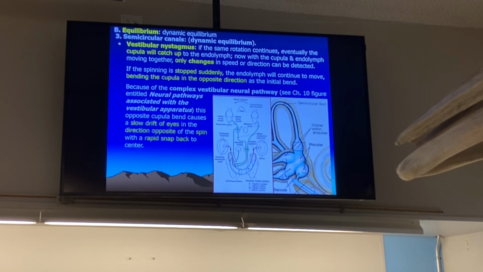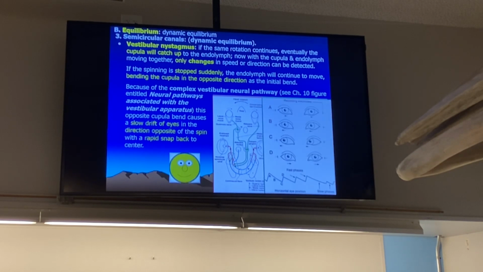And you can see the brain being messed up in the eyes, because it's going, 8th cranial nerve: I'm moving; 2nd cranial nerve: no I'm not. You can actually see the eyes shake that way.